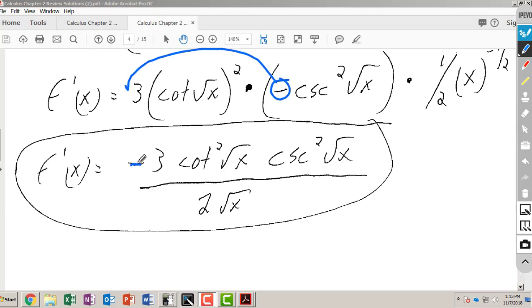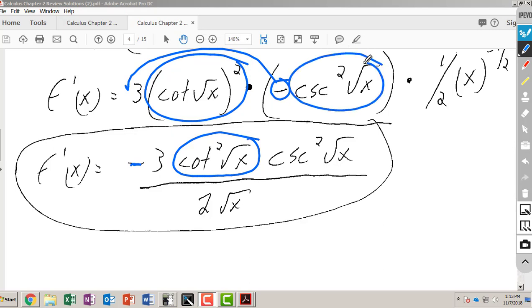So I've got a negative 3 right here. I still have my cotangent square root of x squared. I write it in its algebraic form, which is cotangent squared square root of x. Now I still have my cosecant squared square root of x. Now notice this 2 is in the denominator, so it goes in the denominator.